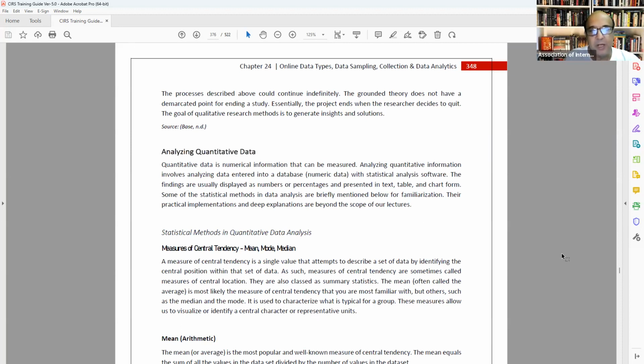And for quantitative data analytics, we are talking about statistical methods mostly. That's all we are going to talk about because of the scope of our CIRS course. We just want to touch upon something which you must have dealt with in your high school days, like mean, mode, median, where certain values or numbers need to be considered.